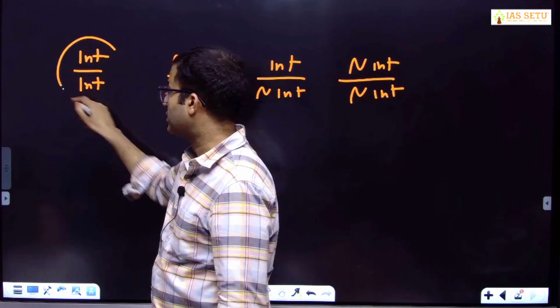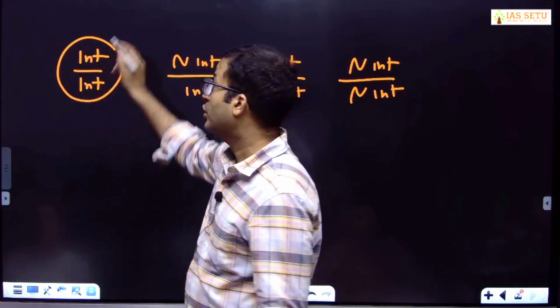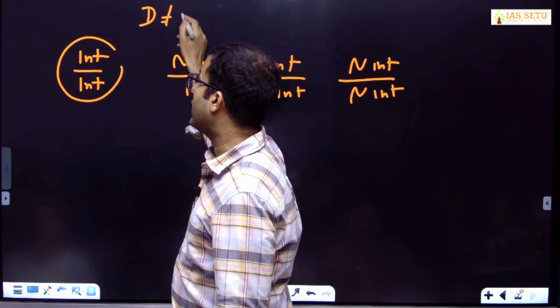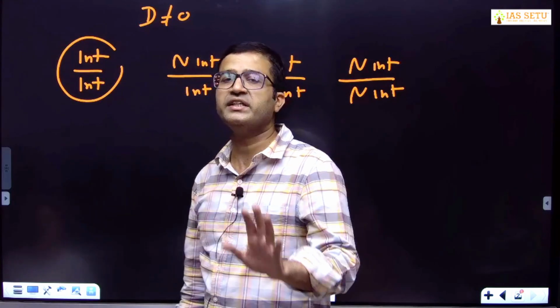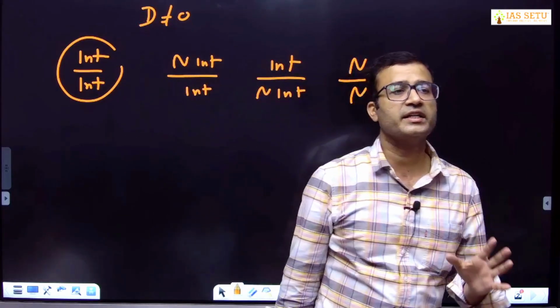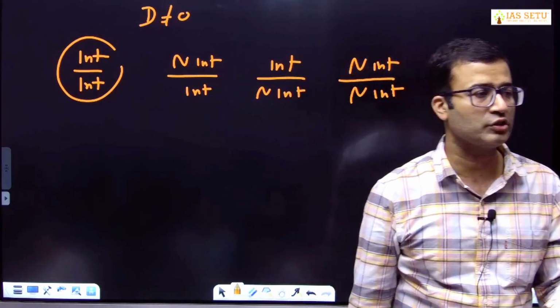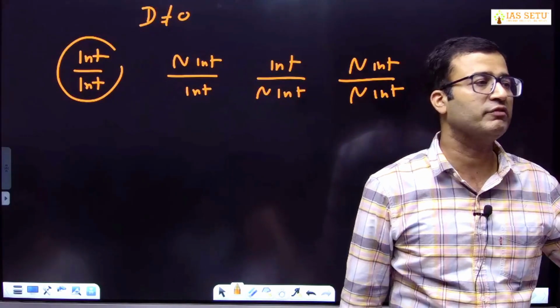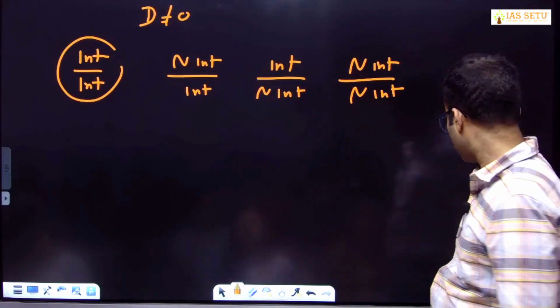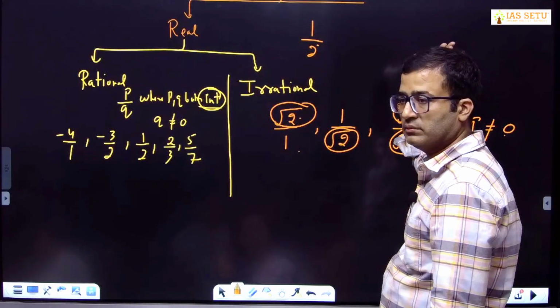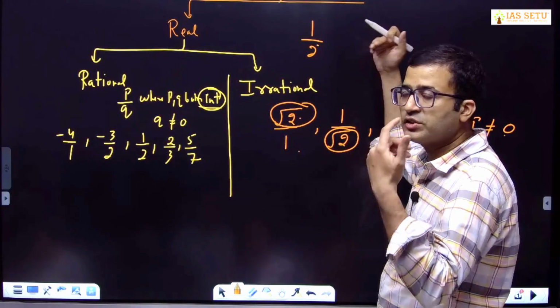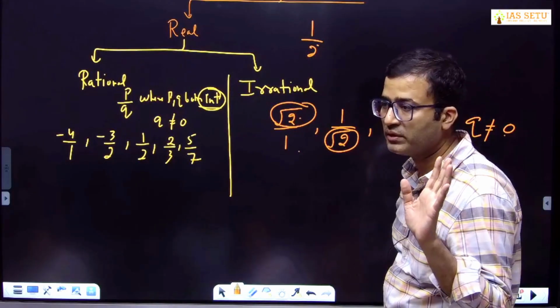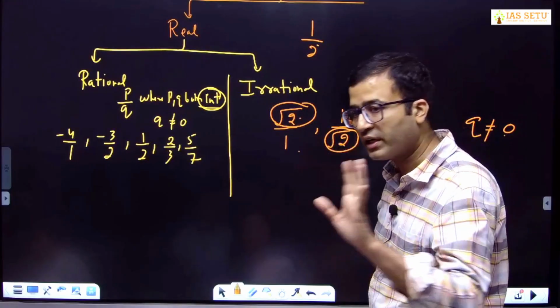Only the first is rational and that is fixed. Your denominator cannot be zero; that is not even a number, it is not in the category of numbers. That is infinity, which we can't define. That is outside this chart. Infinity is not a number. So here the denominator cannot be zero.